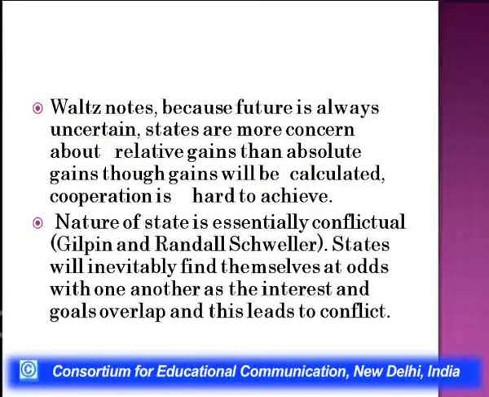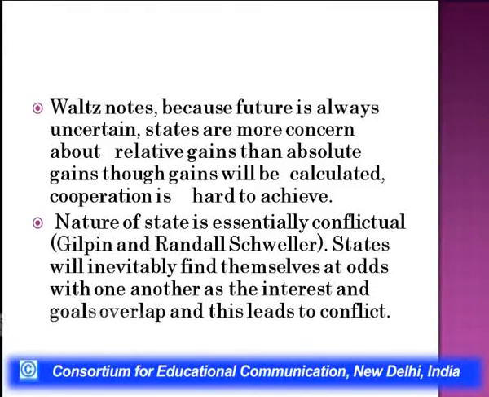And the nature of the state is essentially conflictual. States will inevitably find themselves at odds with one another as their interests and goals overlap, and this leads to conflict. Here Gilpin and Randall Schweller are also saying that the nature of the state is always conflictual, and that is what the traditional realists are trying to say.